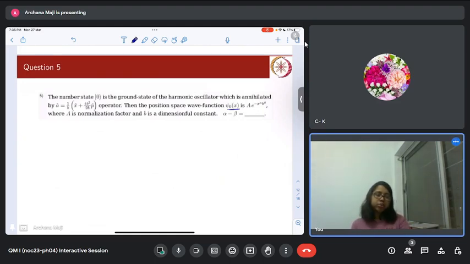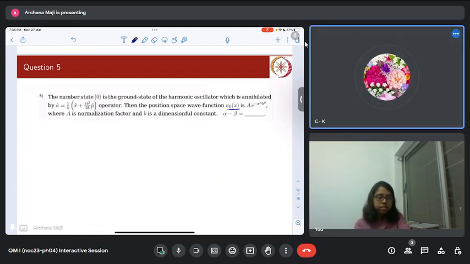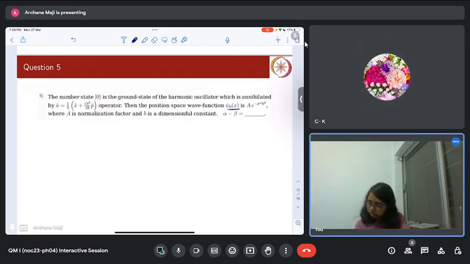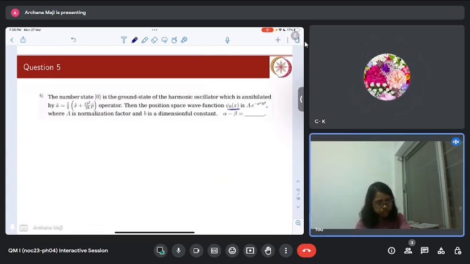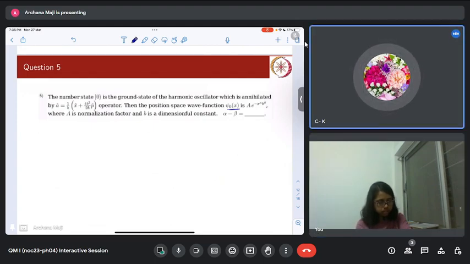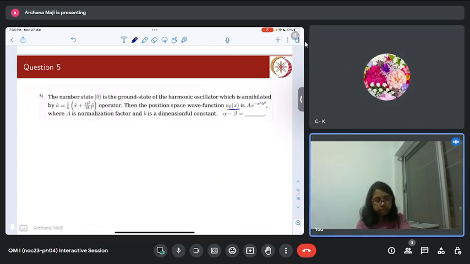For the n-particle state, we would have denoted it as psi n of x, and for the ground state, we are denoting it as psi 0 of x. You have to multiply A with psi 0 of x, and then equal to 0. That's right. And you have to find out what you are getting for psi 0 of x.